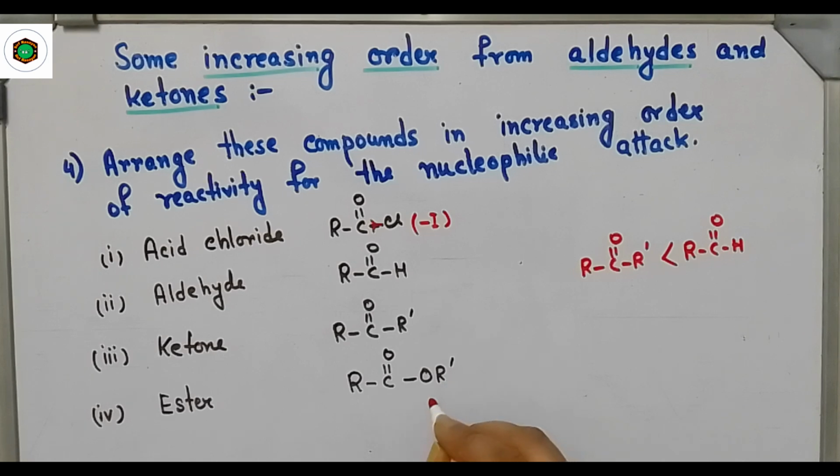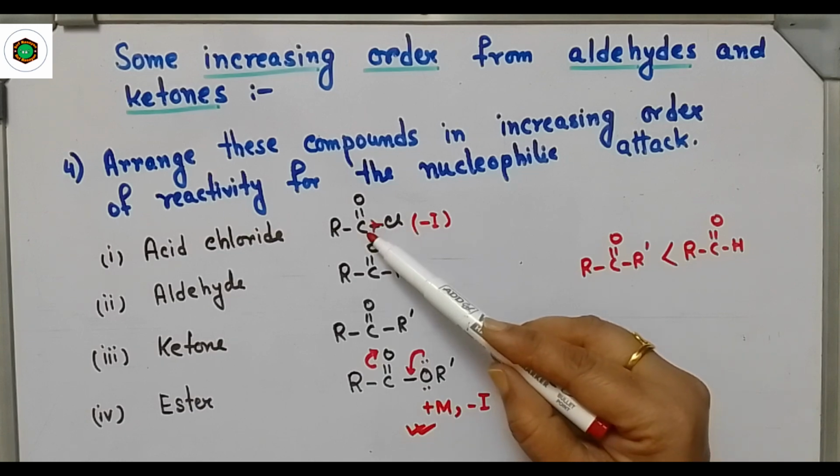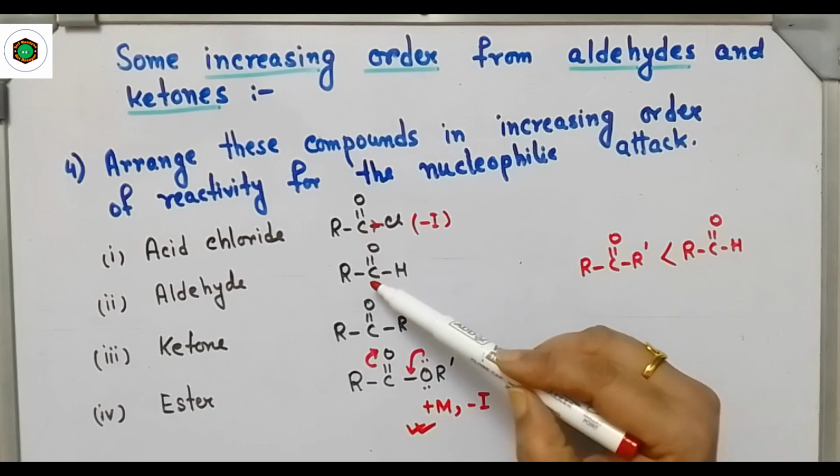Now OR prime is having lone pair of electron. So it is involving in resonance like this way. So it is having +m effect and -I effect, since oxygen is electronegative, but +m effect is stronger here. Due to +m effect, positive charge density on this carbon will be decreased. So acid chloride, this carbon is having much more positive charge density, therefore this is much more reactive than aldehyde.